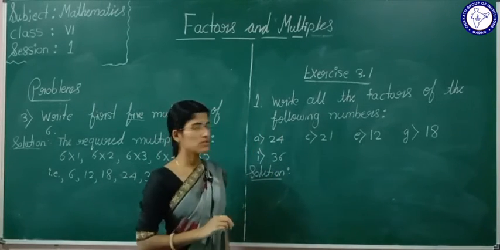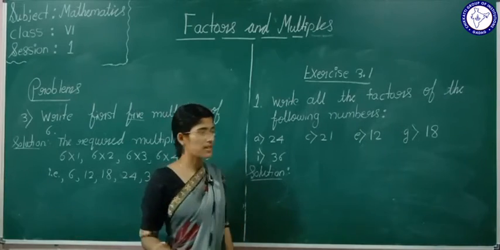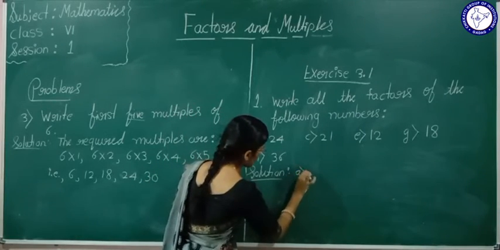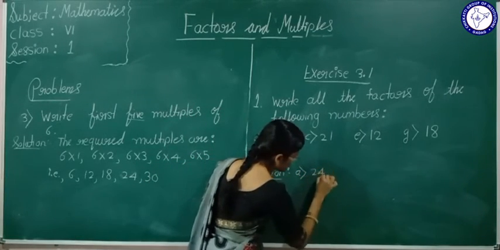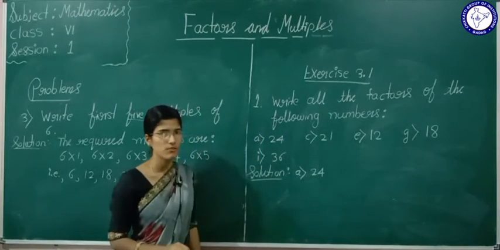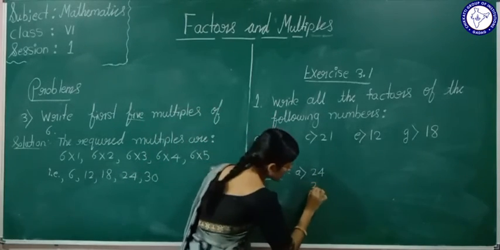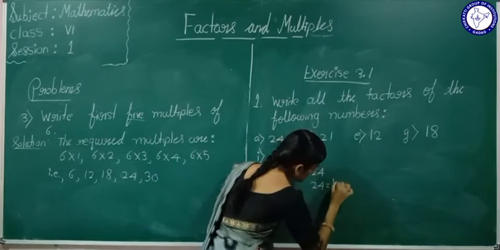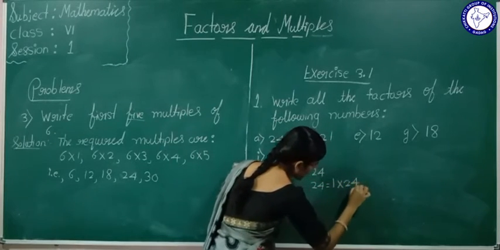Write all the factors of the following numbers, just what we have done now, right? See the first one, A, that is 24. Factors of 24 we have to find out. So 24 can be expressed as 1 24s, right?